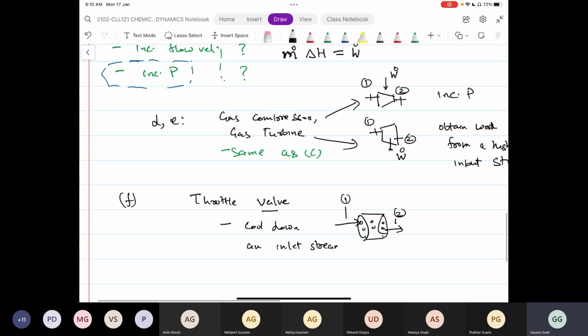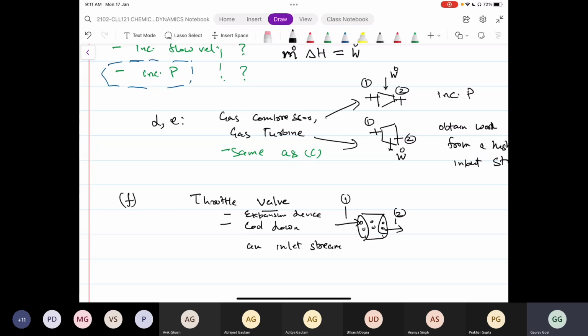Typically, the inlet stream would be coming at high pressure. The exit stream would be at low pressure and low temperature. So the main aim of a throttle valve, even though expansion is happening, so it's an expansion device, is to cool down the inlet stream.